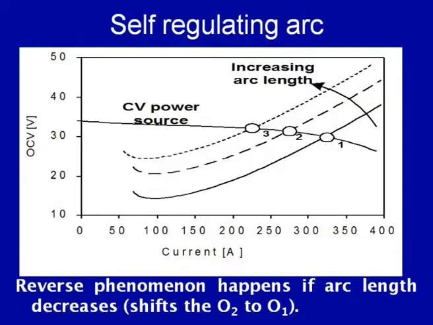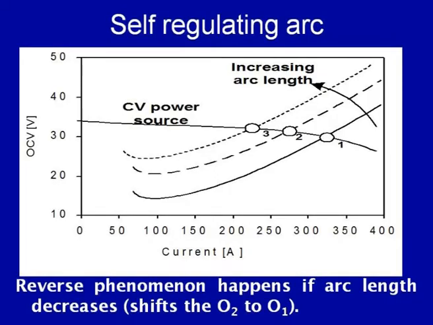Here, if we look into this diagram, this is the constant voltage type of power source characteristic, having a slightly dropping voltage current line, which indicates that for one arc length the arc characteristic goes like this, and its intersection with the power source characteristic gives the operating point.